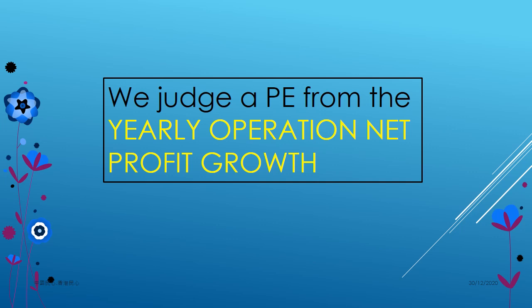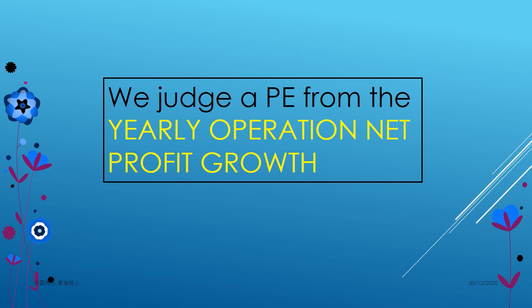And the operational net profit growth is very important because for many companies, the profit is not because of the operation. It's because they sell a property, they buy some stock and earn money, they sell out one building, something like that. We judge the PE from the operation, meaning from the business.